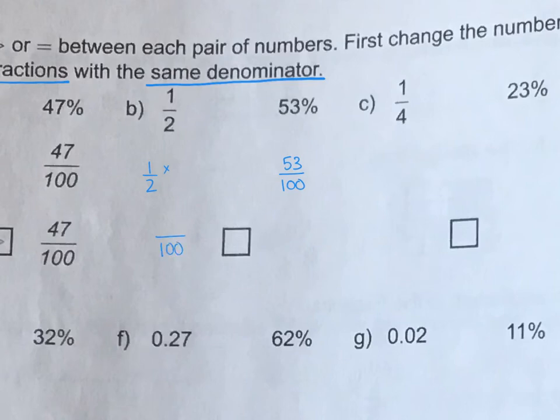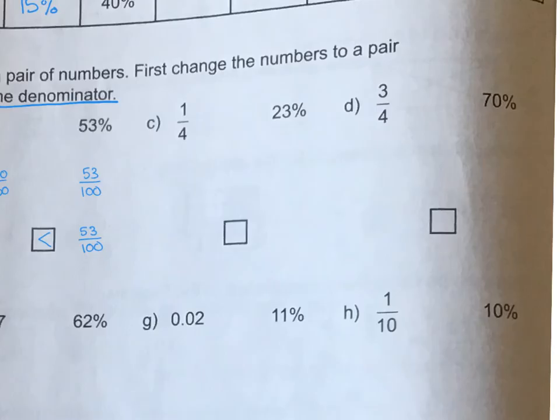So I would need to multiply it by 50, which would give me a fraction of 50 out of 100. Then I can copy down my 53 out of 100, and I can see that the bigger fraction is on the right-hand side. So I'm going to make sure that my Pac-Man mouth or alligator mouth is opening to eat the bigger number. We're going to do one more example together.